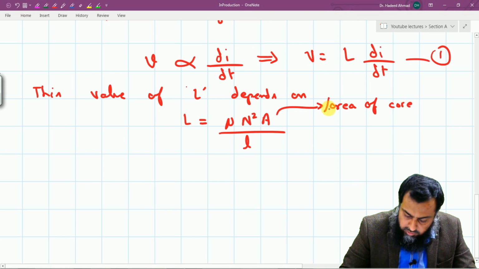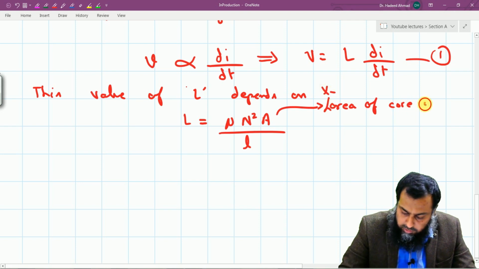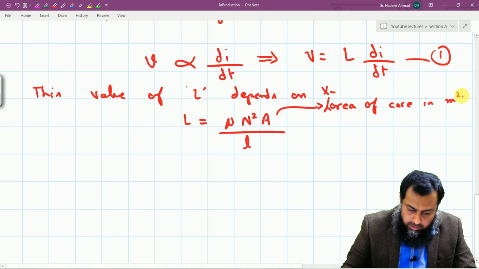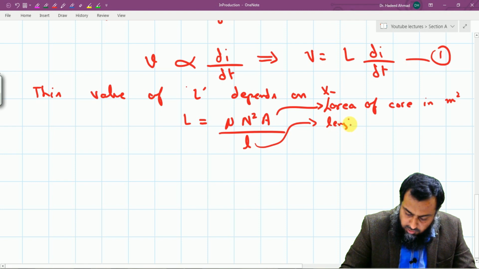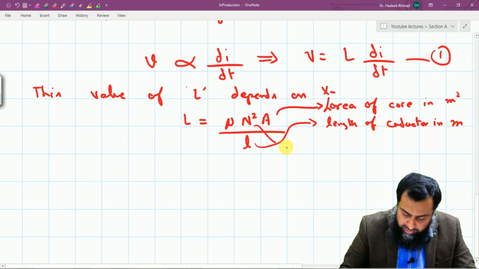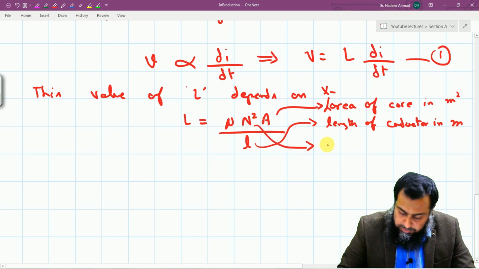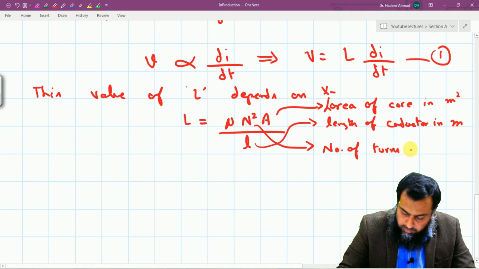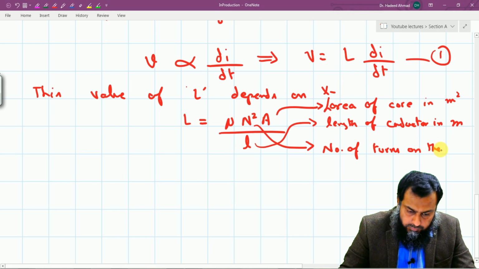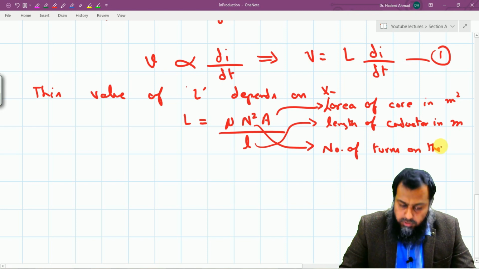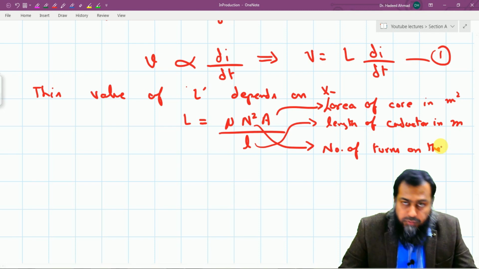Rather, it is the cross sectional area of the core in meter square, and then we have this length L, the length of the conductor in meter. Also we have this N, which shows the number of turns with which the wire is wound across that shape of the core.